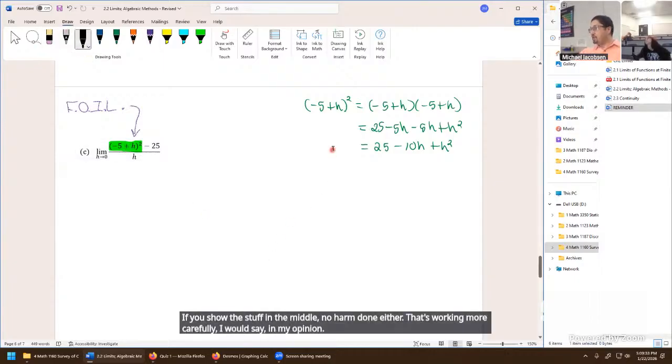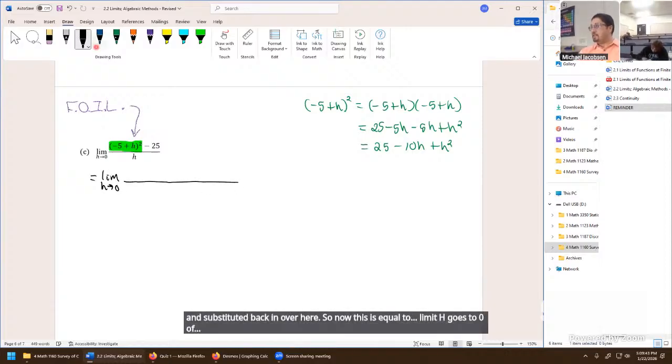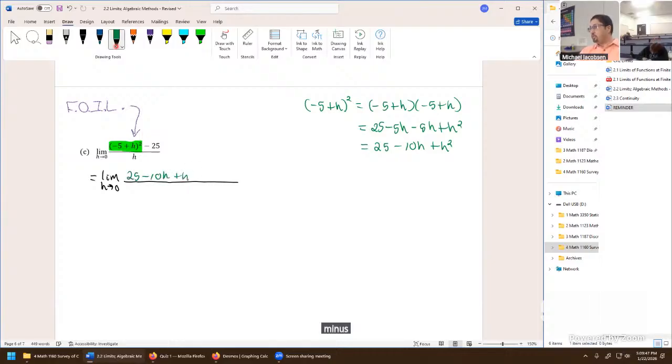But we'll just take this algebra here on the margin to the right and substitute it back in over here. So now this is equal to the limit as h goes to 0 of 25 minus 10h plus h squared, minus 25, divided by h. And you don't have to do it that way.